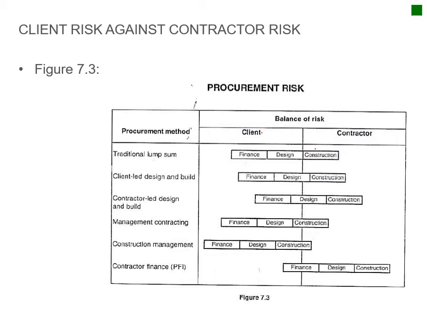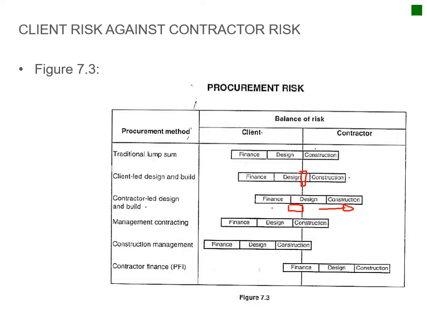Now it moves slightly towards the contractor because he gets involved in the construction a little bit earlier on, and actually has a bit of input into the design process. And then you have contractor-led design and build. So the client is still responsible for the finance and the appointment of the contractor, who actually appoints the rest of the project team. So you can see how the risk is shifted to the contractor.